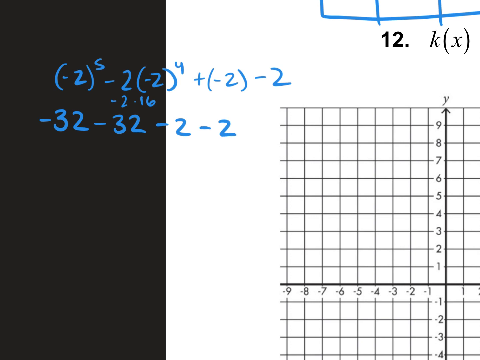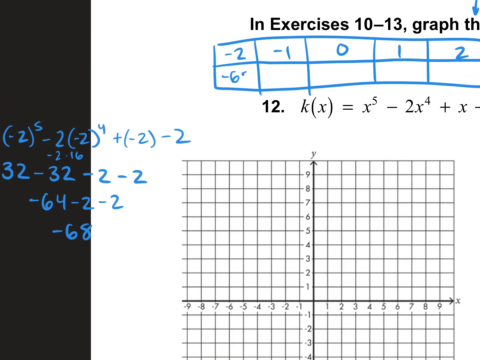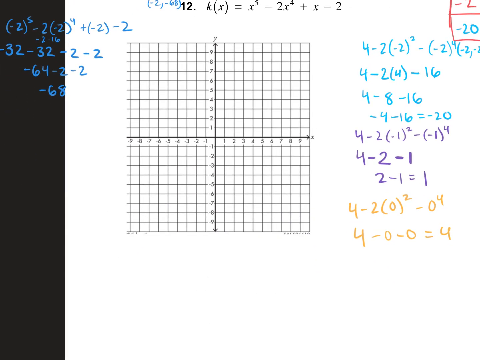So -32 minus 32, -64 minus 2, -66, and then minus another 2. -68. It'll be way, way off of our graph, but that's fine. So our first point is going to be -2, -68. So we'll go ahead and plot it. We're going to go to the left 2 and down, way, way off here.